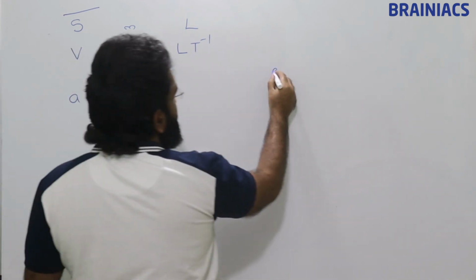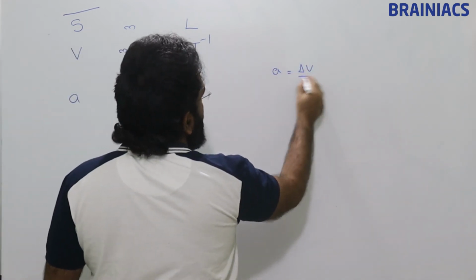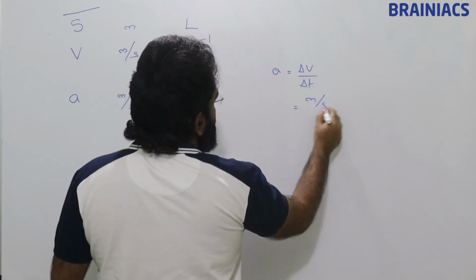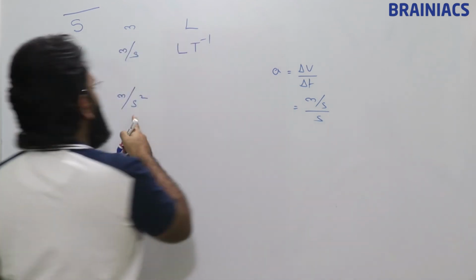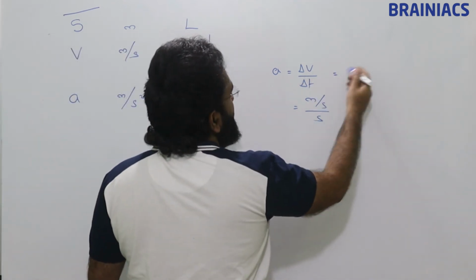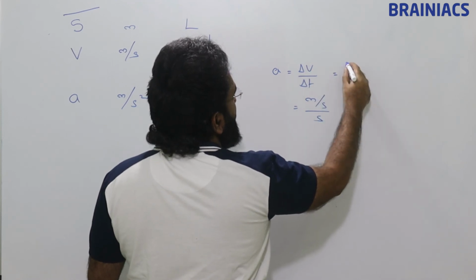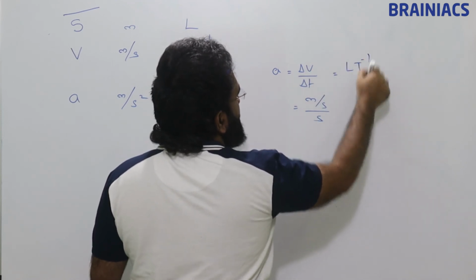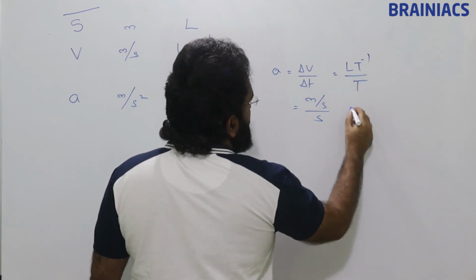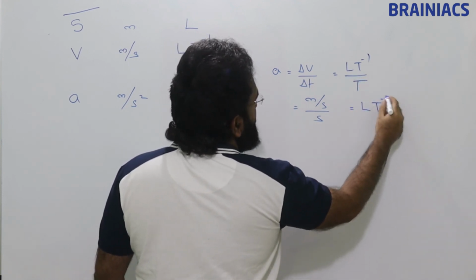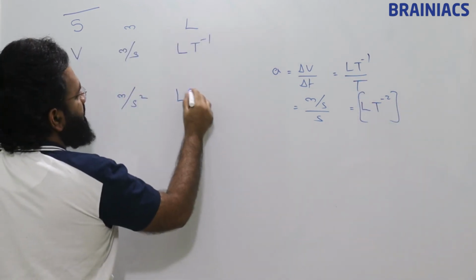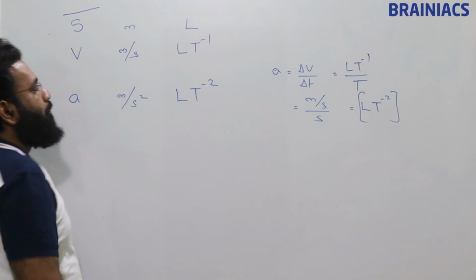So acceleration is nothing but delta V by delta T. So meter per second divided by time, we get meter per second square. Or otherwise, the dimension formula of velocity is LT raised to -1, divide by T is also there. So this will become LT raised to -2.